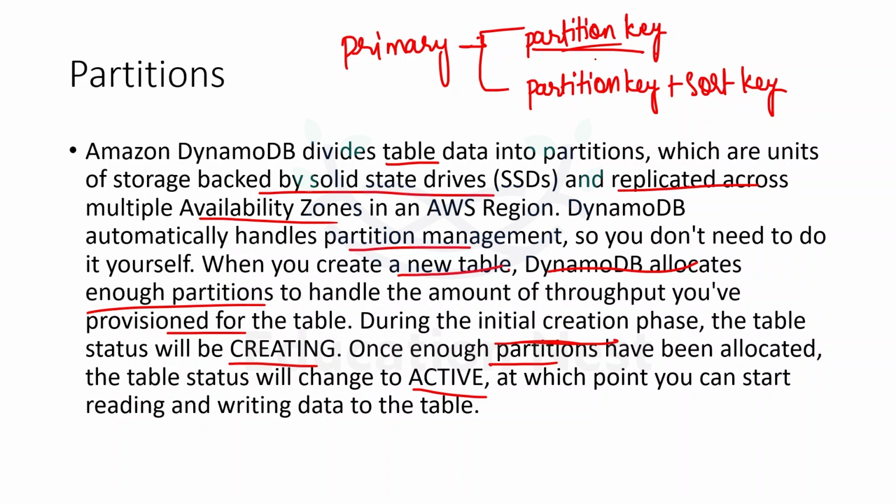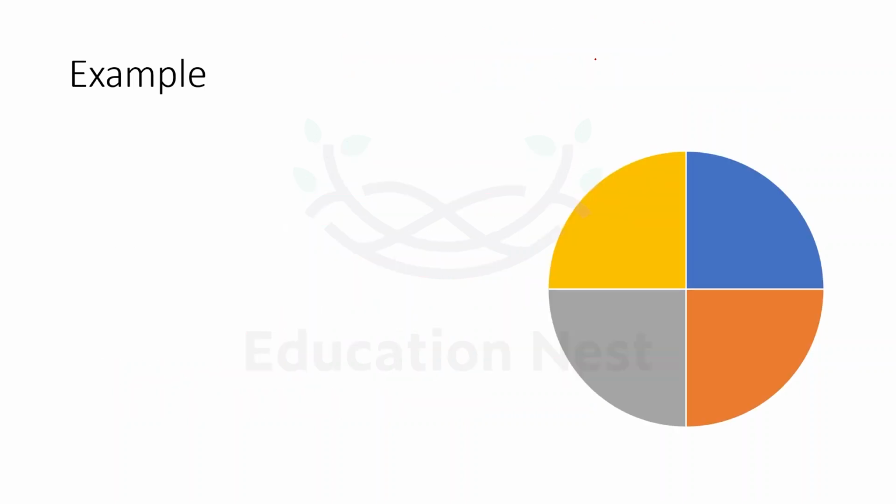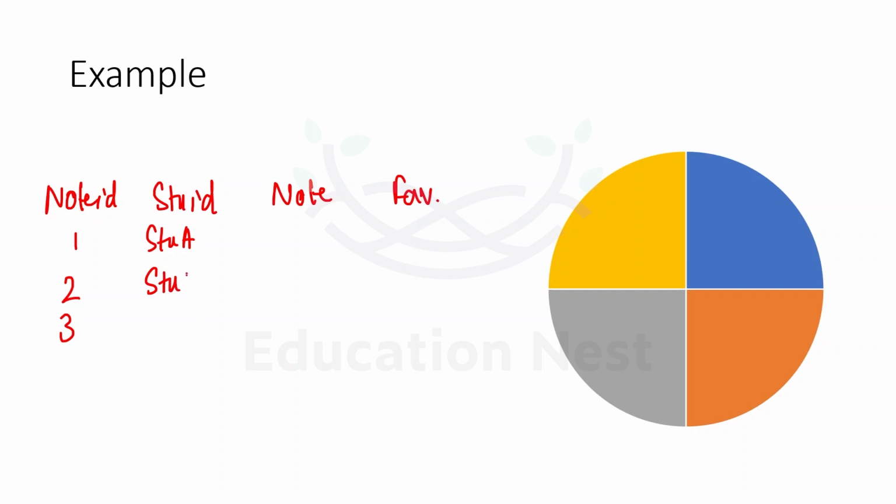Let's say I have a notes table in which I have note ID, student ID, note, and I mark whether it is a favorite or not. Note ID can be 1, 2, 3. Student ID, let's say student A, student A, student B, student C, student C, and student D. This is suppose my table.